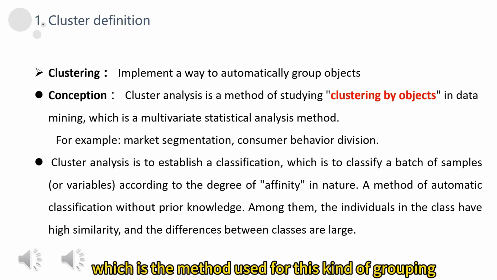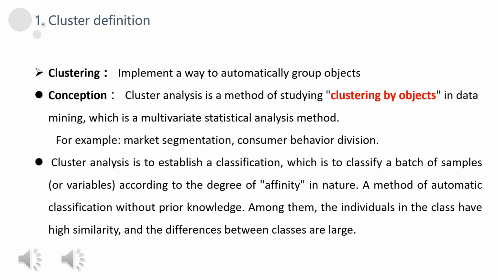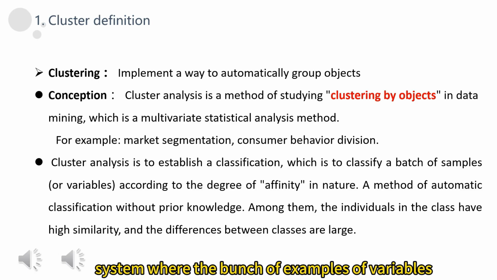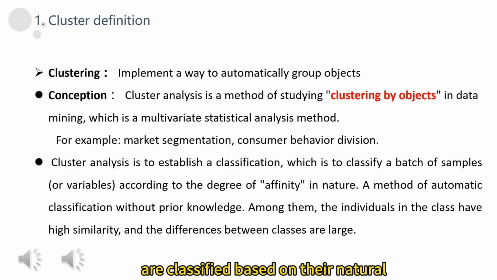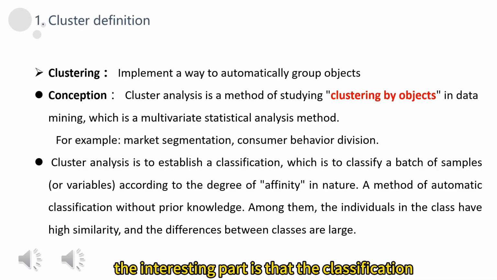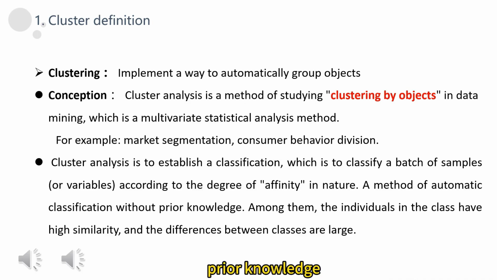Cluster analysis, which is the method used for this kind of grouping, is a form of multivariate statistical analysis. It aims to establish a classification system where a bunch of examples of variables are classified based on their natural affinities or similarity. The interesting part is that the classification happens automatically without requiring any prior knowledge.